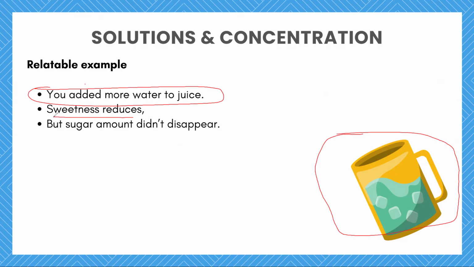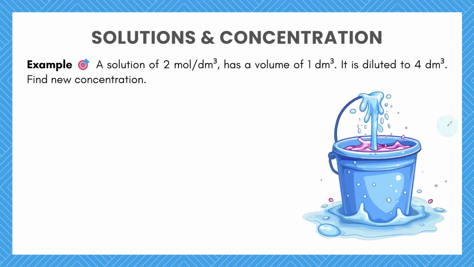The sweetness of that juice reduces, but the amount of sugar that was there did not reduce or increase. It remains constant. So the sweetness is reducing because the water is increasing. So that means the concentration also is changing. So let's check out a few examples, one or two of them.